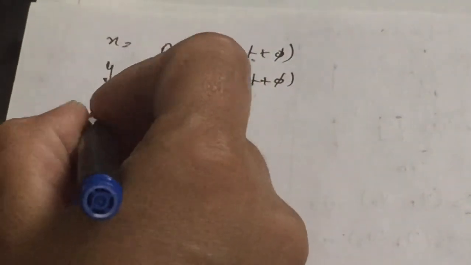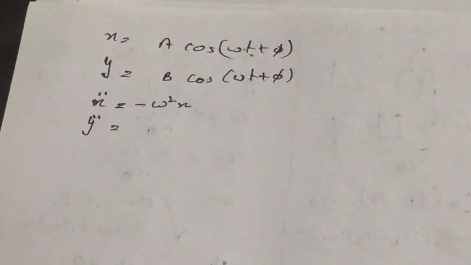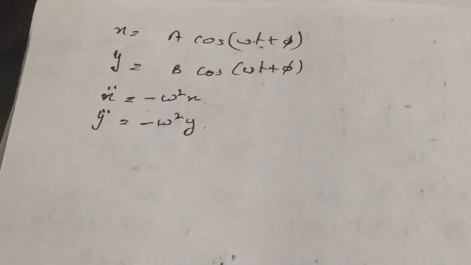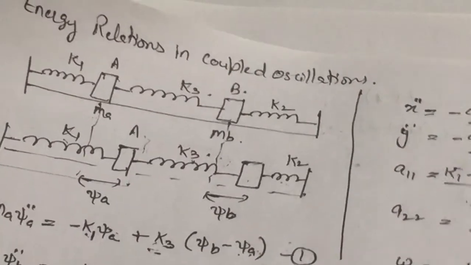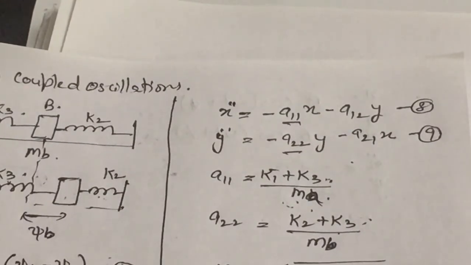Similarly, y double dot, the acceleration of the second particle, can be given as minus omega square y. Substituting these in the previous equations, where we already obtained the values in equation number 8 and equation number 9.